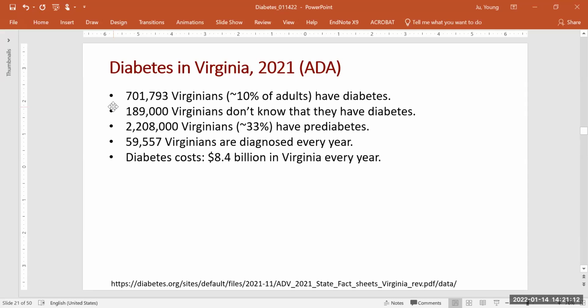And over 2 million Virginians, which is about 33% of the adult population, have prediabetes. It's estimated that every year 59,557 people in Virginia are diagnosed with diabetes, and the estimated diagnosed diabetes cost is about $8.4 billion each year.